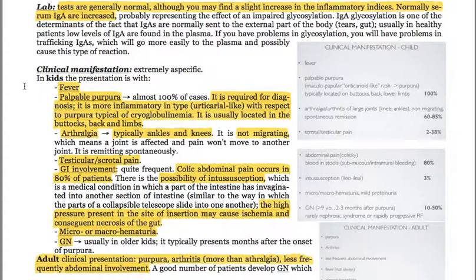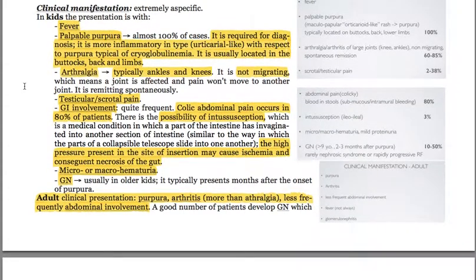Clinical manifestations are extremely specific. In kids, the presentation is with fever, palpable purpura in almost 100% of cases. It's actually required for diagnosis. It is more inflammatory in type, so it's urticaria-like, with respect to the purpura typical of cryoglobulinemia.